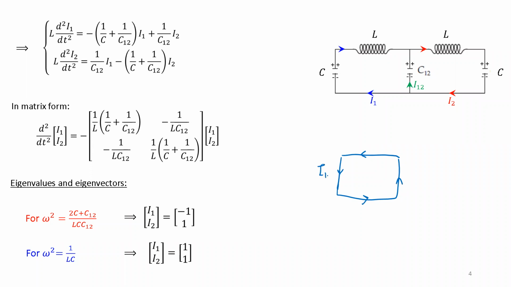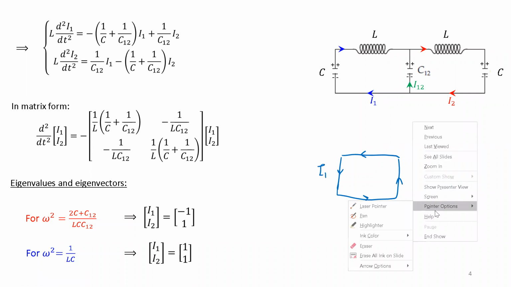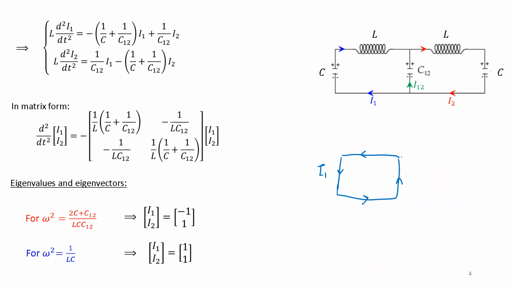And then for the other loop on the right, it will be something like this. So this is the first mode.